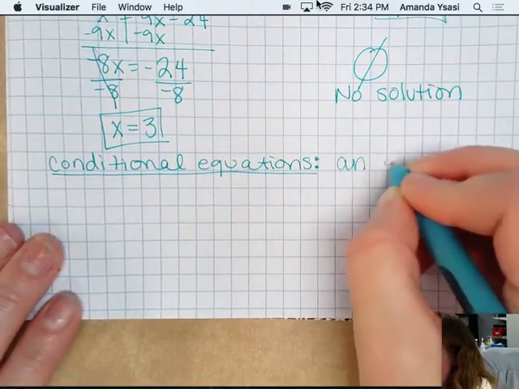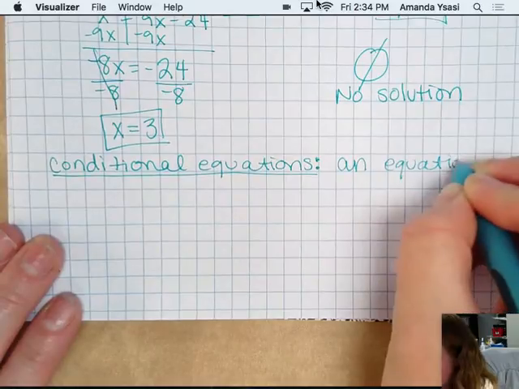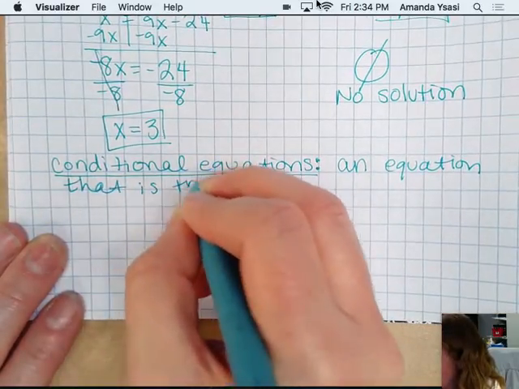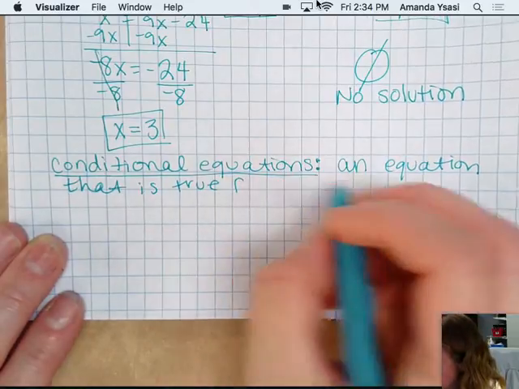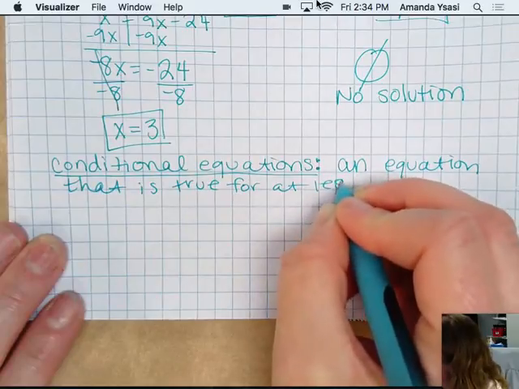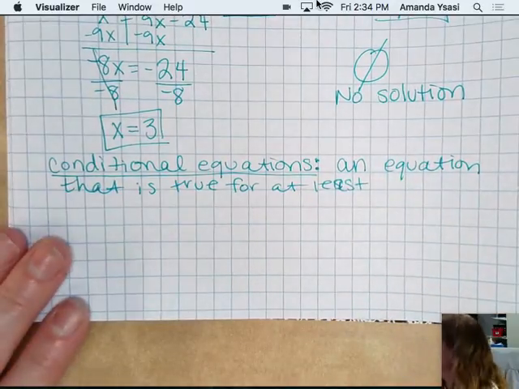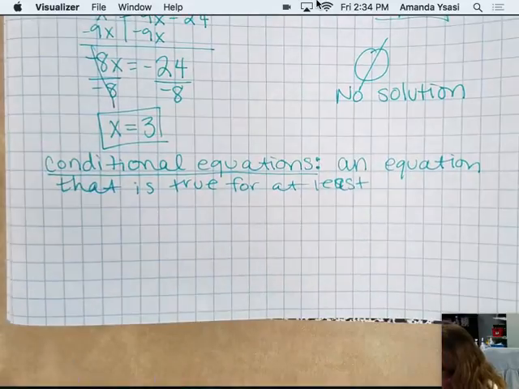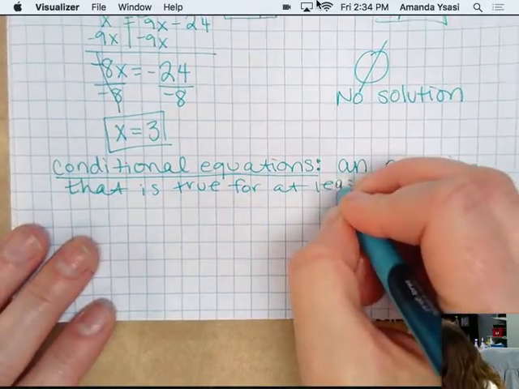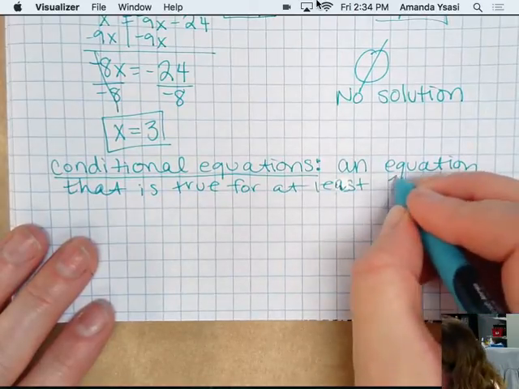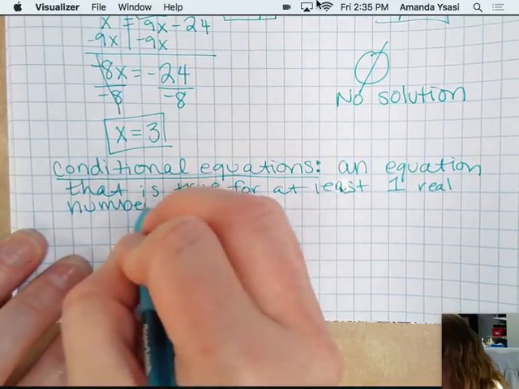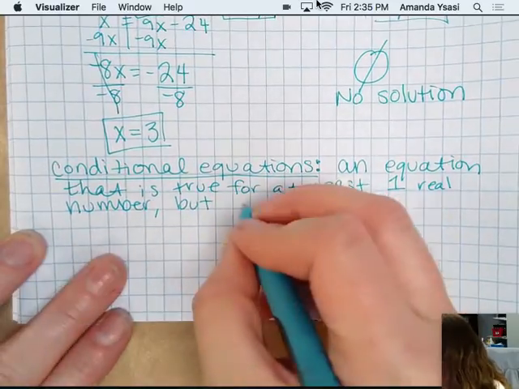So it's an equation that is true for at least one real number, but is not the identity.